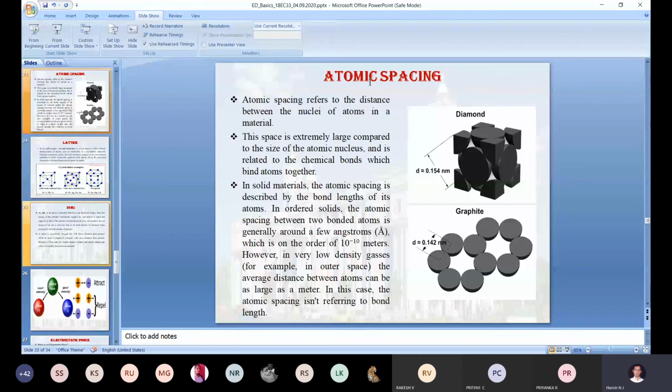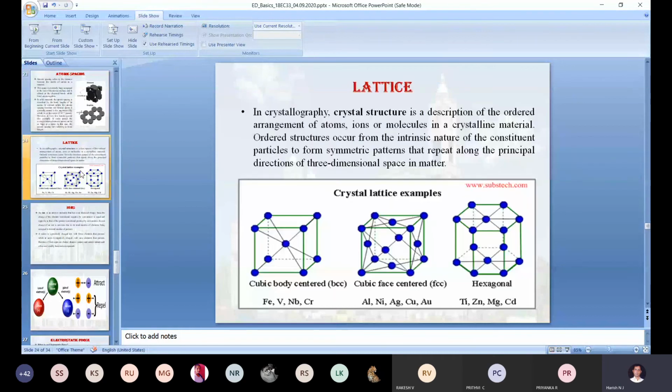The next one we will move to is the lattice. Lattice means what? What can we extract from this slide? I have shown three types of lattice examples: cubic, body centered, face centered, hexagonal. What information can you get from the slide?